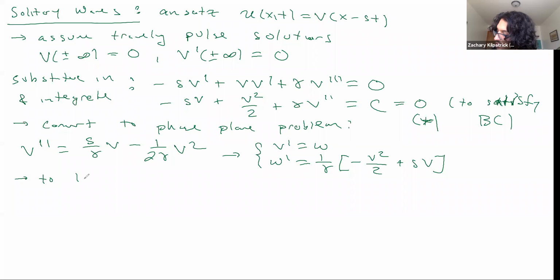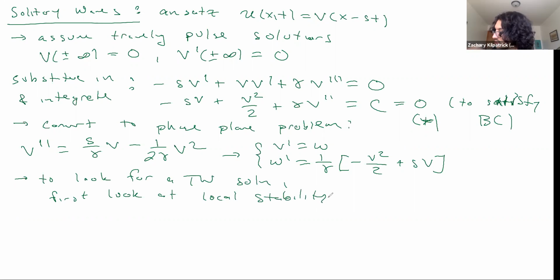So to look for a traveling wave solution, first look at the local stability, right? The stability around fixed points, Jacobians, and all that good stuff, of equilibria. So we can do that, no problem.